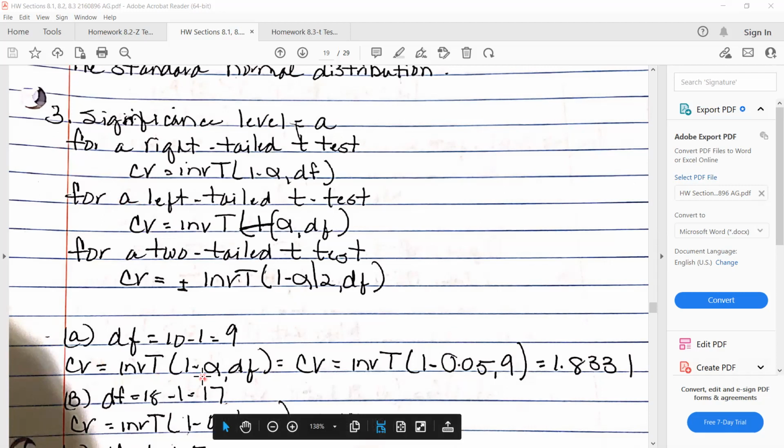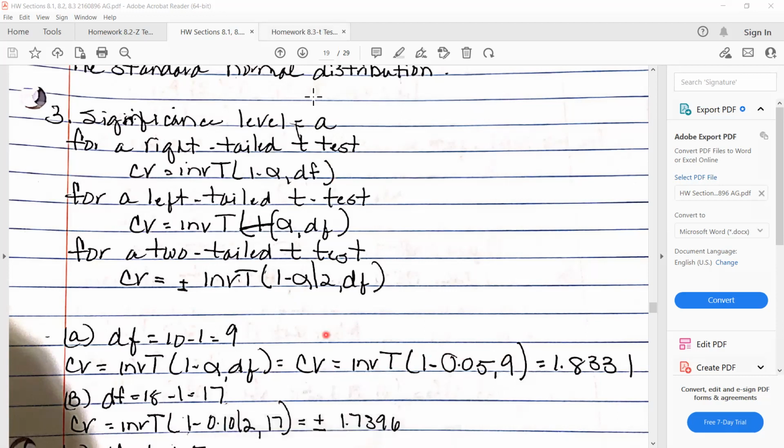And they gave you alpha. Alpha was 0.05. So she wrote critical value equals inverse T, 1 minus 0.05 and 9.